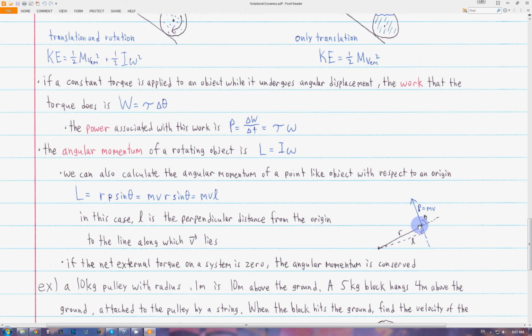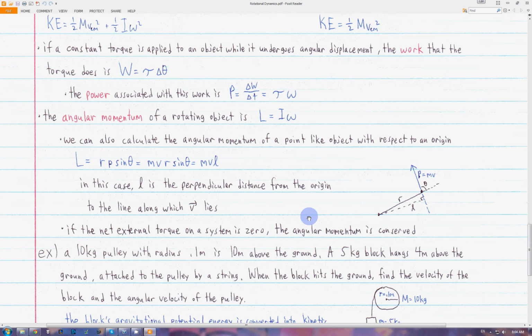Similar to how we came up with a lever arm to calculate torque, we can also define this L here as the perpendicular distance between the axis of rotation and the line on which this momentum vector lies, similar to the line of action of a force when we are looking at torque. So since r sine theta is just equal to this L, we can also represent the angular momentum of this point as mvL.